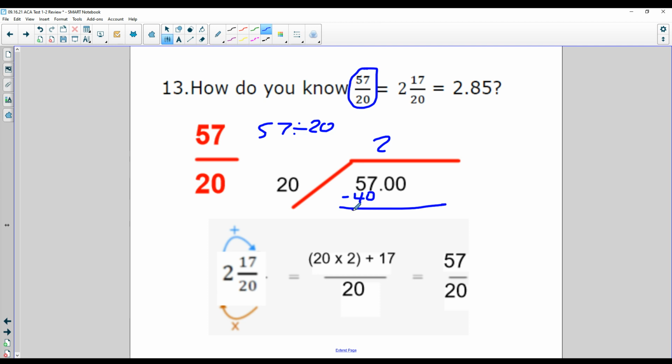Subtract that, we have 17 as a remainder, bring down the 0. How many 20s go into 170? 8 times. 20 times 8 is 160. Subtract it. We have 10. Bring down the 0. How many 20s fit into 100? 5 times. Subtract it. We're done. And that's why it is.